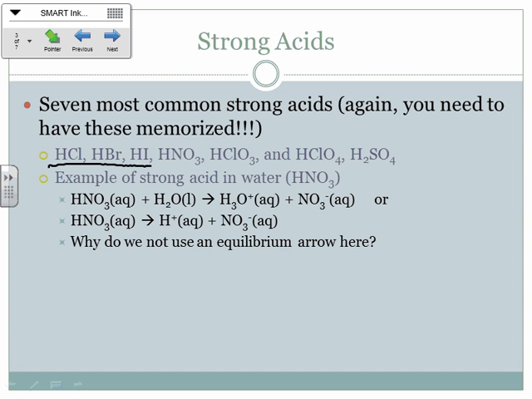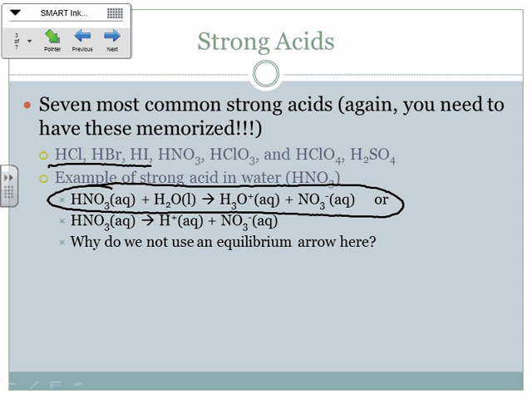So, an example of a strong acid in water. This is what I was talking about when I said it dissociates into H plus and Cl minus. Really, this is more technically correct as far as what happens. We talked about this a little bit either yesterday or the video before that. What really happens here is this acid gives a hydrogen, or a proton, however you want to say it, to this water molecule, and you end up with H3O plus.